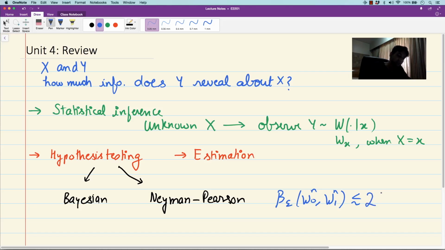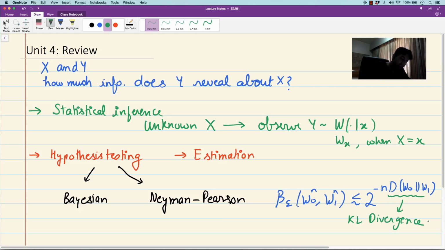That's very fast. It goes to 0 like 2 to the power minus n times the KL divergence between W0 and W1. So we essentially ended up discovering this new notion of distance called the KL divergence.